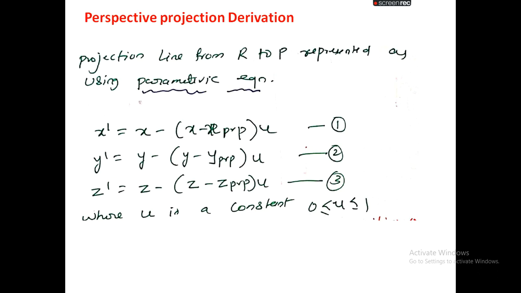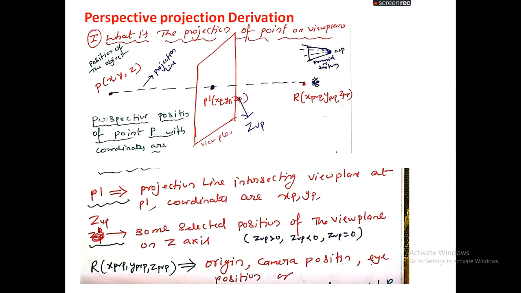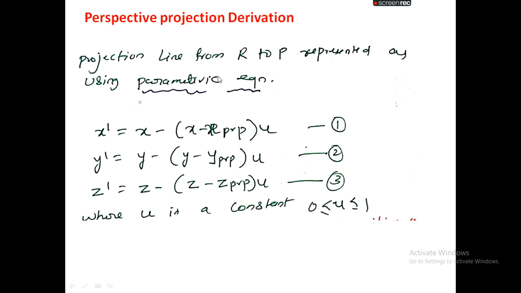Let us consider we are projecting a point P on the projection plane with the help of projection reference point R. Then I will get one straight line here. This straight line is our projection line. Now we need to derive this concept.